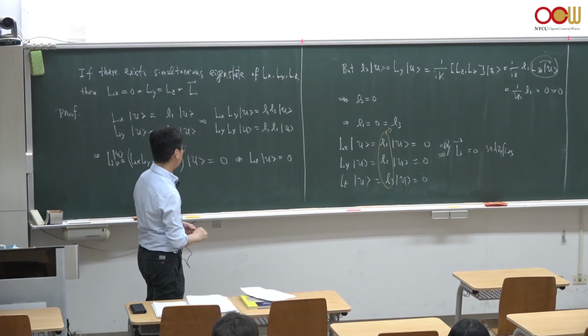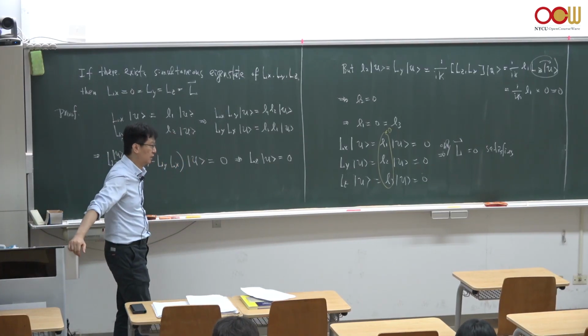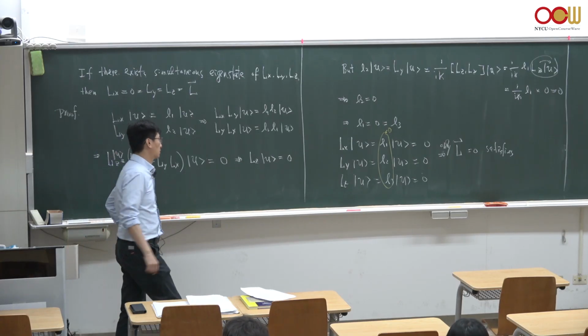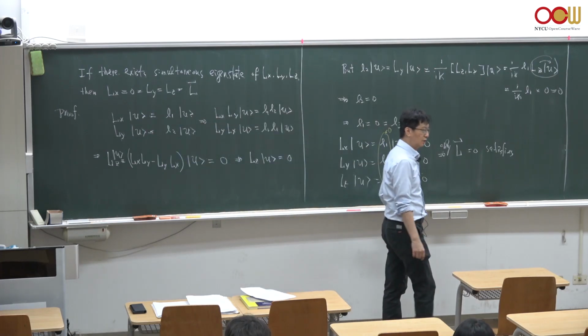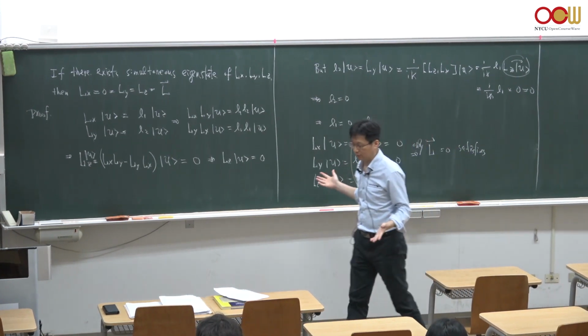Also, it is directly in contradiction to our starting point that you have a finite angular momentum vector. At least one component of the 3 angular momentum operators should not vanish. But since we show that all of the 3 are 0, this cannot be.